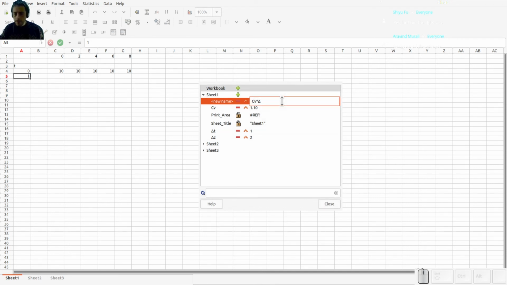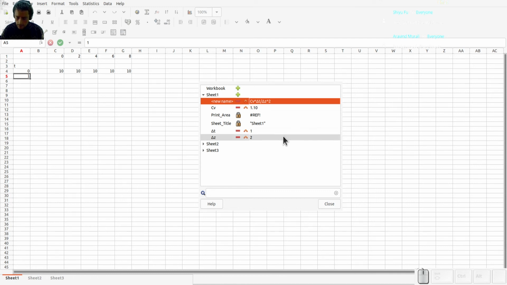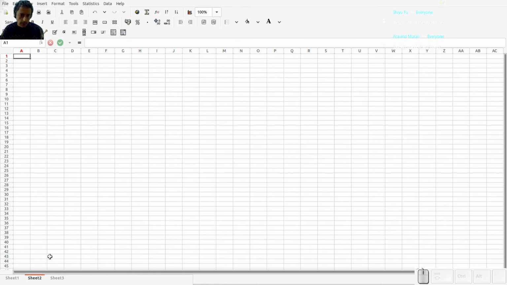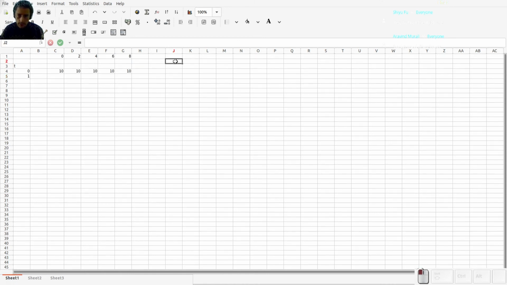So we have delta t over delta z squared. Let's make sure that that can be calculated. It might not allow me. Okay, so we cannot have that value. We'll just have to calculate it on another sheet. So we'll calculate it here.